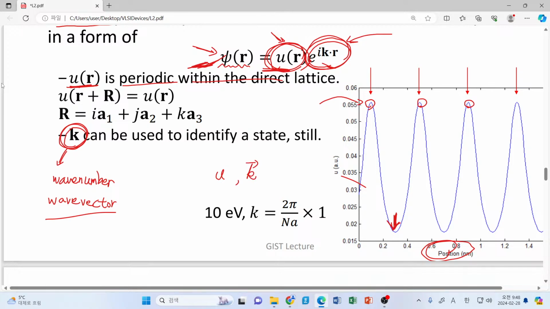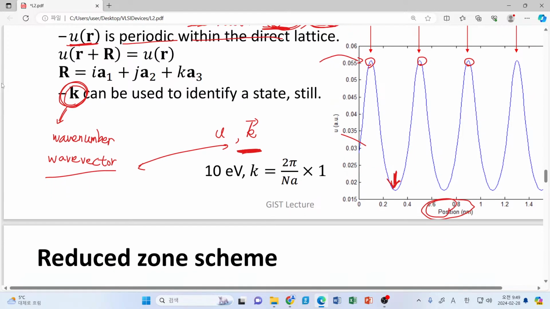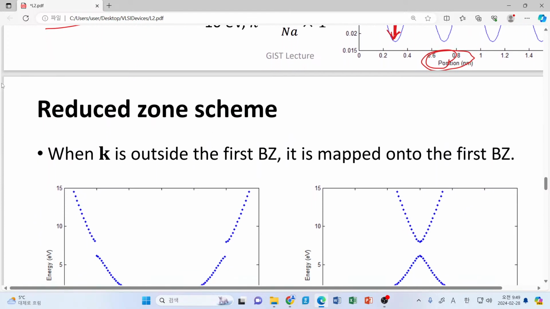However, once we calculate u, that is just a detail of that electronic state. If we just view an electron as an object moving and carrying charge, then this k is enough. They are moving, and the wave function is given by this k vector. If you don't understand, then please ask me a question.